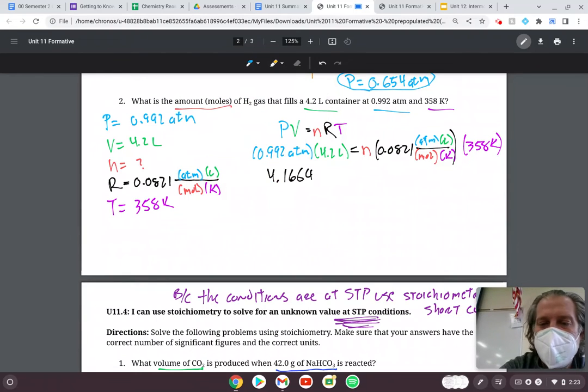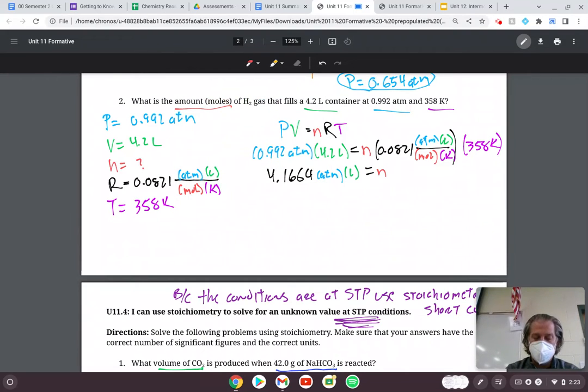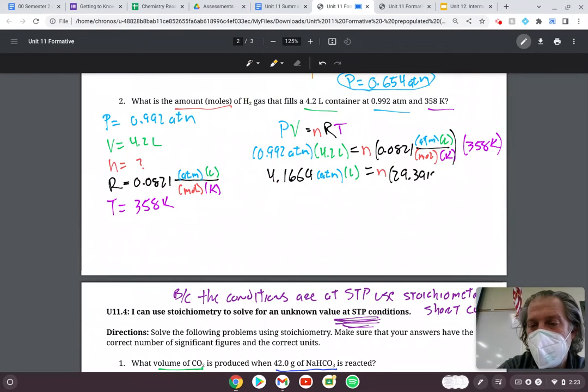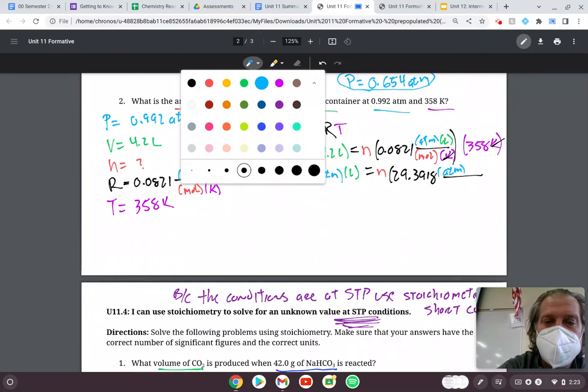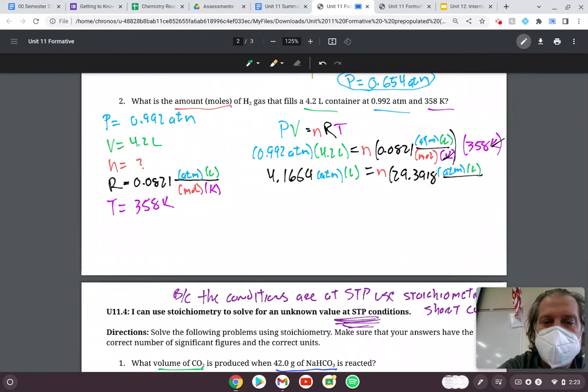Our units there are going to be ATM and liters. And we're going to combine the 0.0821 and the 358, and we're going to get a value of 29.3918. Kelvin cancels out, so we're going to have ATM liters per mole.